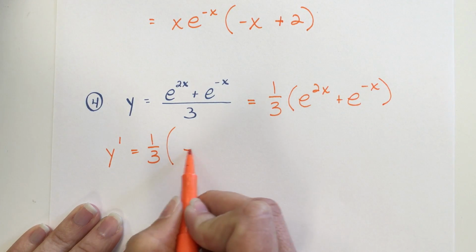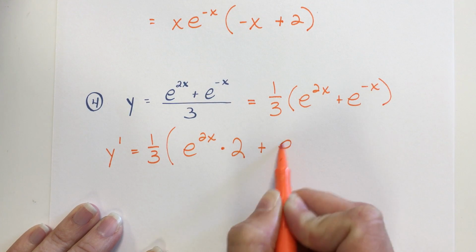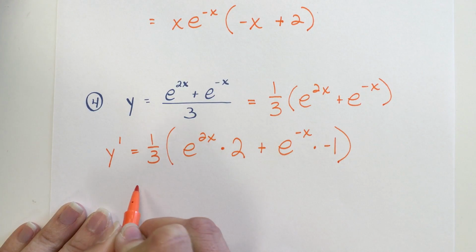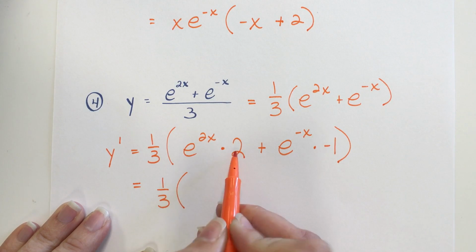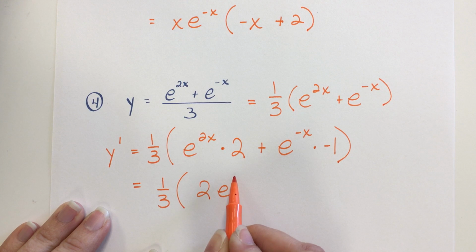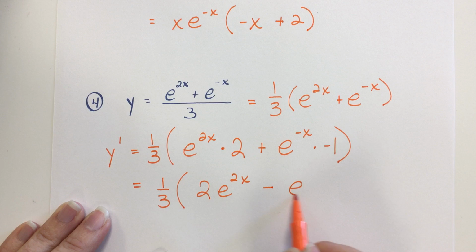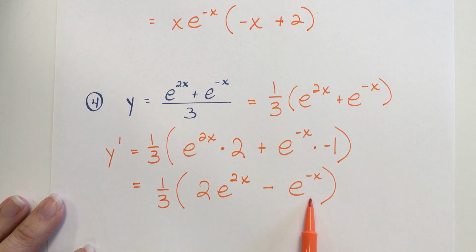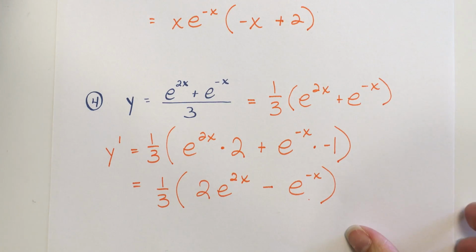So e to the u times u prime plus e to the u times u prime. Of course, multiply these two together, so that would just be 2 times e to the 2x. And we can just change this to minus e to the negative x. Now, if you want to distribute the 1/3, you can, or it may be that you come back and say all of this divided by 3. So again, a couple of options there on your answers.